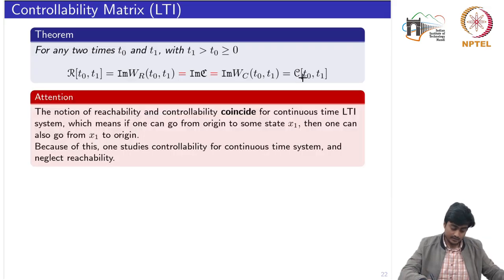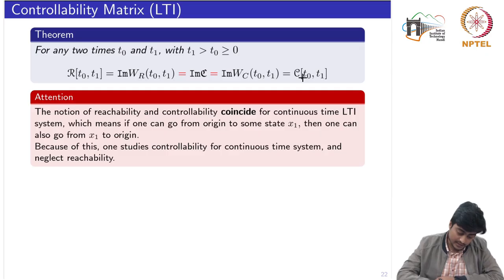Why? It tells us many things. First of all, you see these two equal signs which are here denoted by red. This notion of reachability and controllability, at least for the LTI system, coincide with each other. Meaning to say, I can show either the reachability or the controllability, and both remain the same.